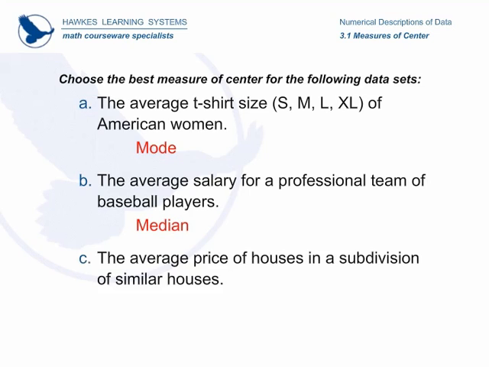Our third example, we have the average price of houses in a subdivision of similar houses. So once again we have numerical data because we have prices, and we see that the prices are similar for similar houses. So in this case we would use the mean, or the arithmetic average.